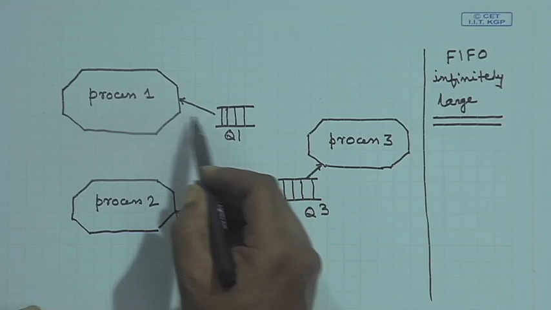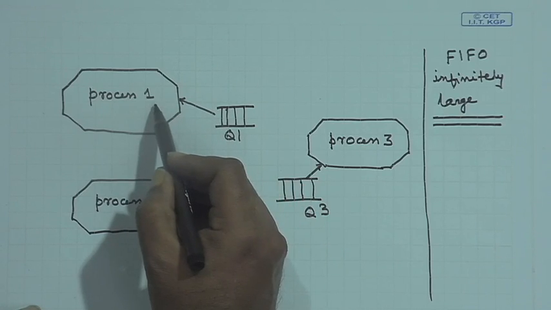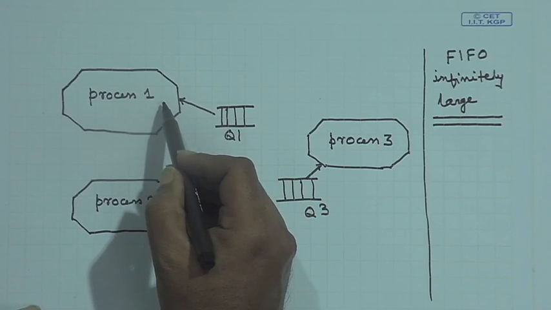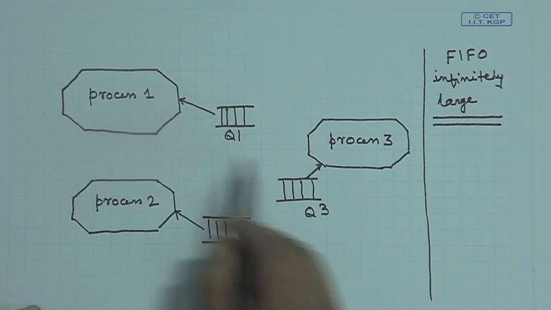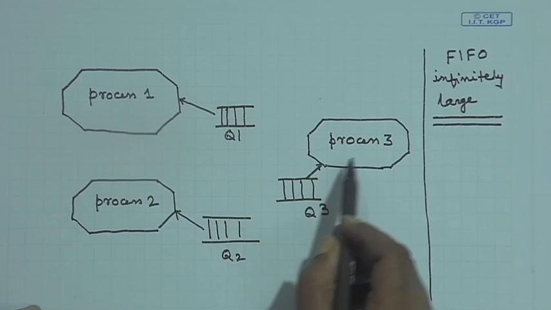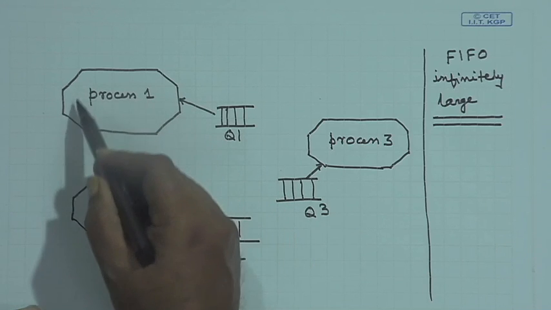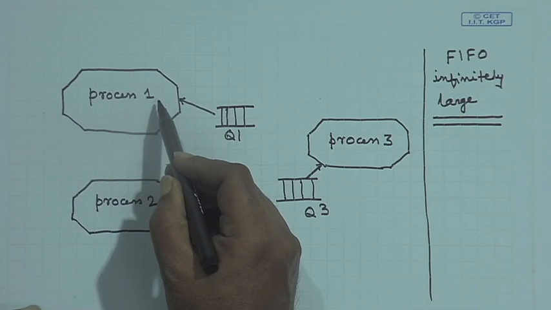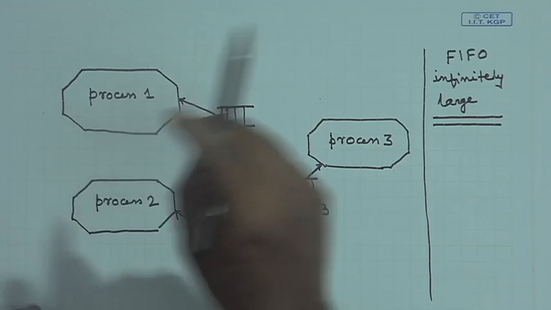Now, so what happens is that suppose process 1 takes some signal from this queue and finds that it enables a transition, and the transition produces an output. Now, that output can be for a particular process.